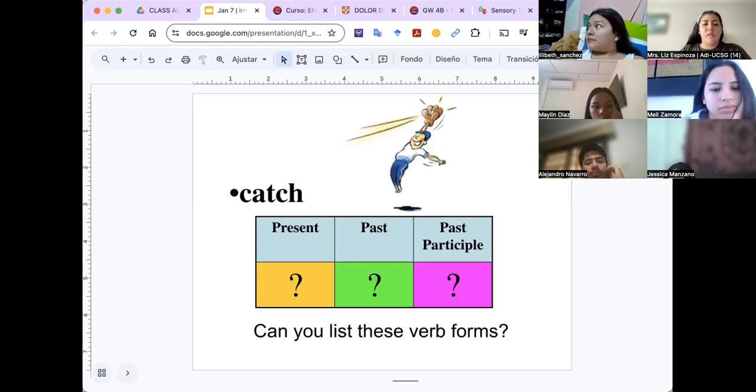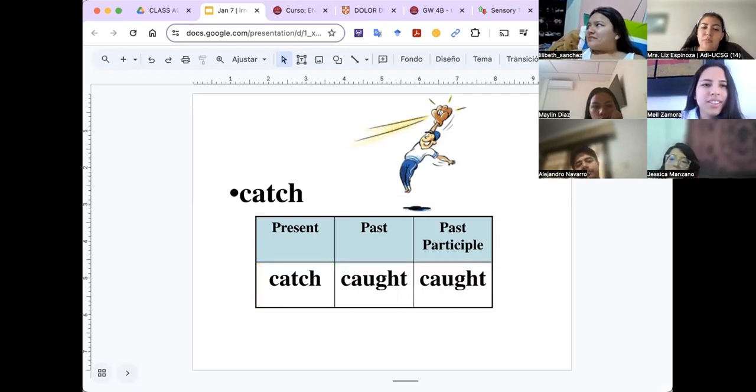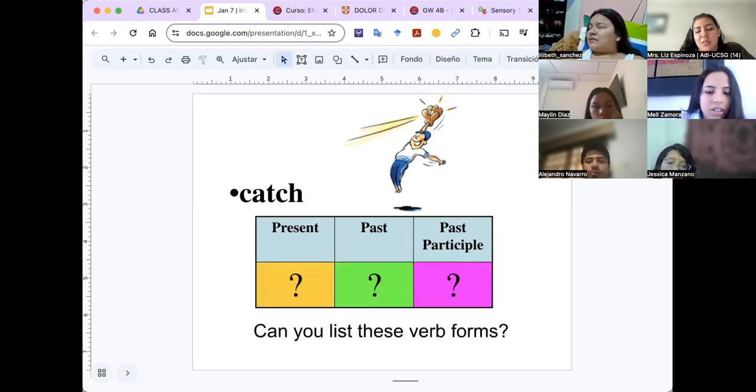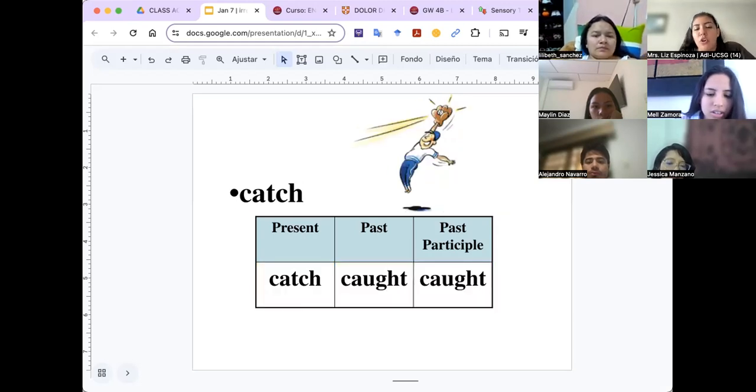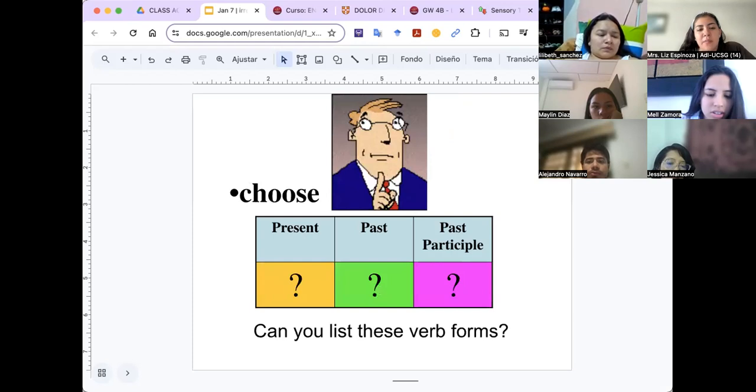Now, we have catch as the present, and in the past we have caught. So irregular, remember that we don't have catch it or rake it, no. All of these are irregulars.